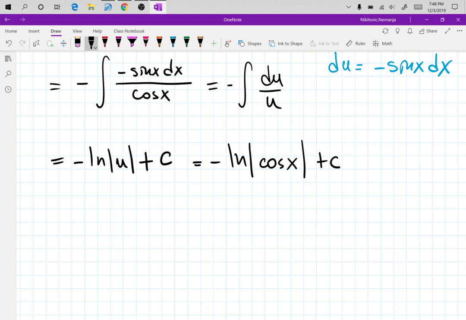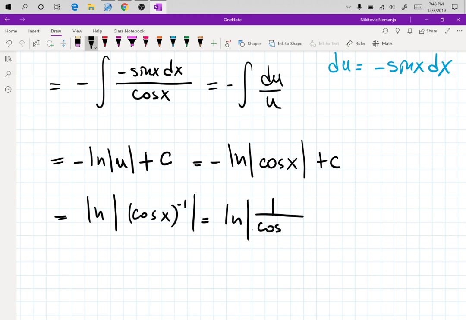And now this negative sign is negative 1, which makes cosine into 1 over cosine. So ln of cosine x to the negative 1, which is ln of 1 over cosine x plus c, which is very good.